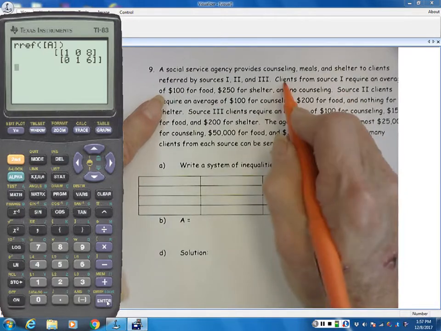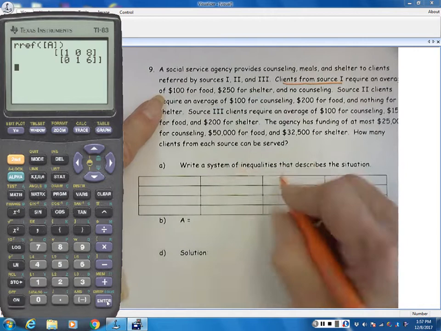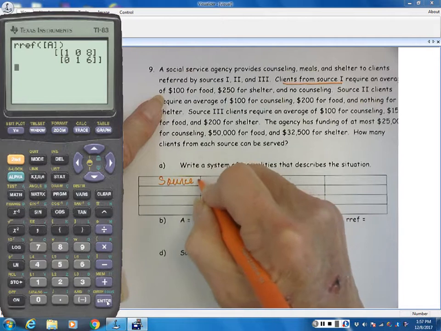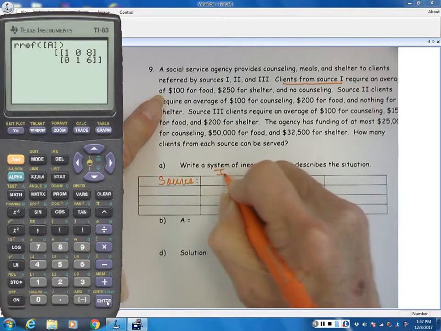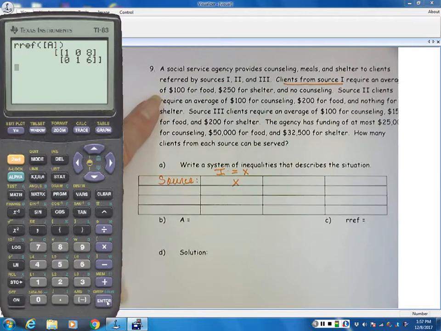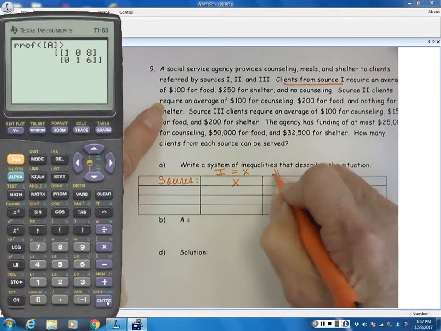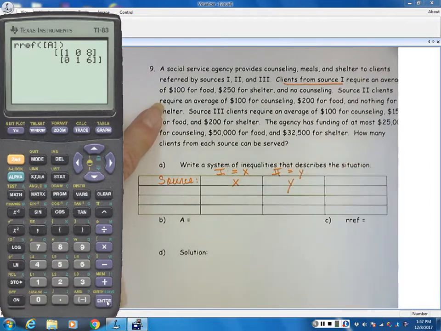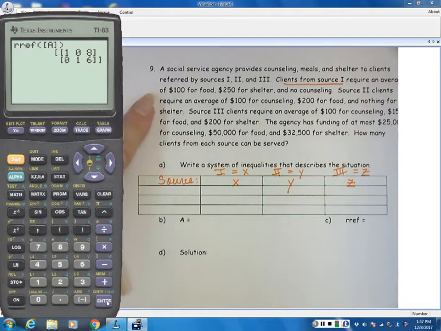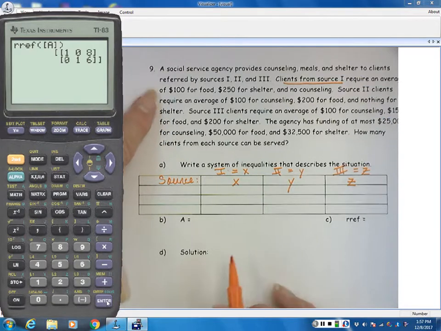So that tells us that the clients from source 1 are going to be X. And source 2 then is going to be Y. And then source 3 is going to be Z. And then we're going to have 3 equations. One of the equations is going to be about counseling.